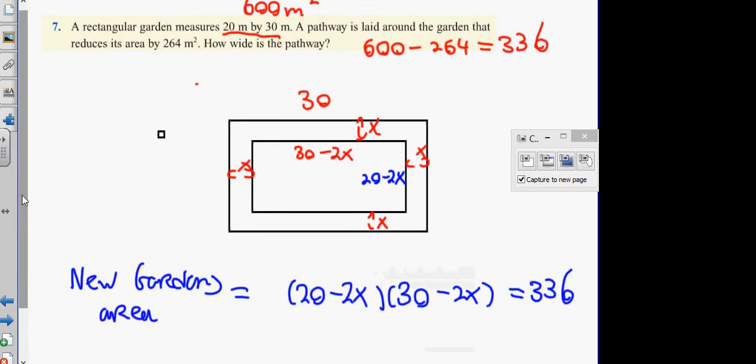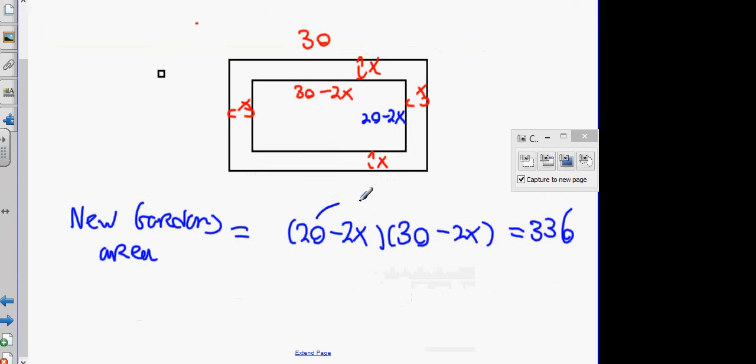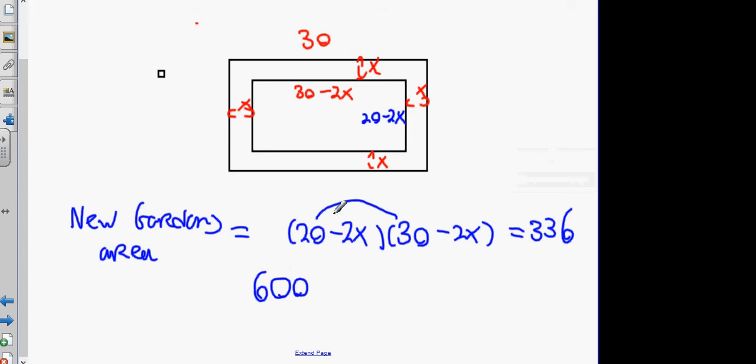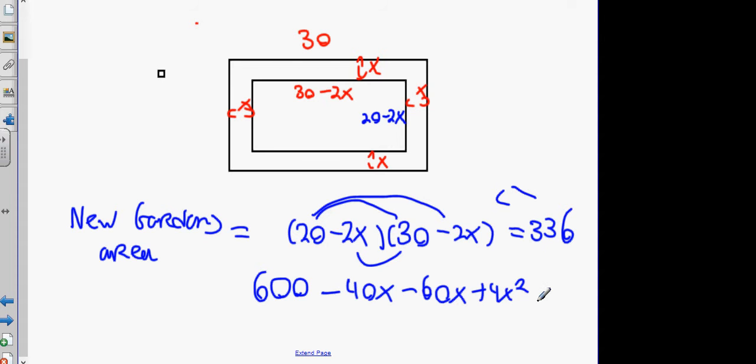Okay, so 20 by 30 gives us 600. 20 by minus 2x is minus 40x, minus 2x by 30 is minus 60x, minus 2x by minus 2x is 4x squared. Bring over the 336, so minus 336 equals 0.